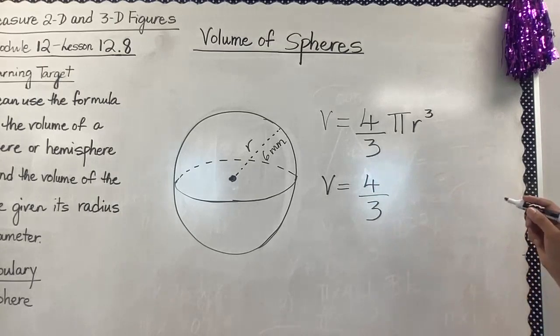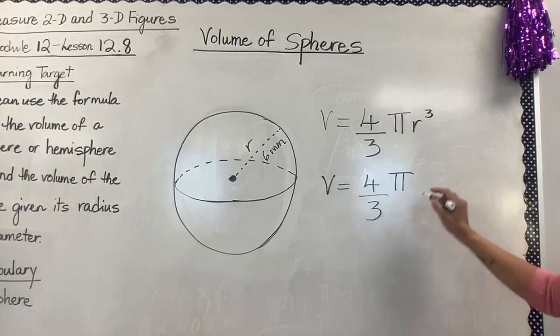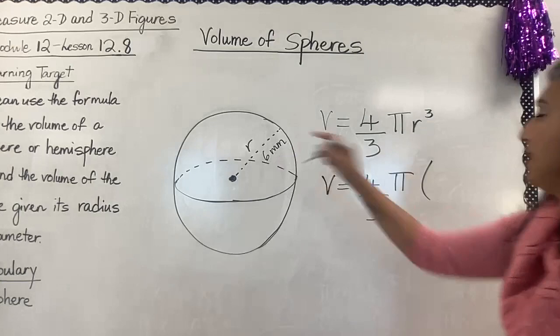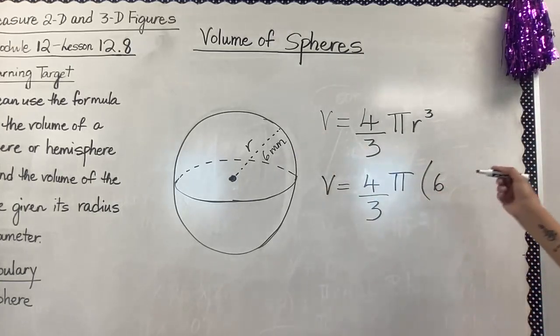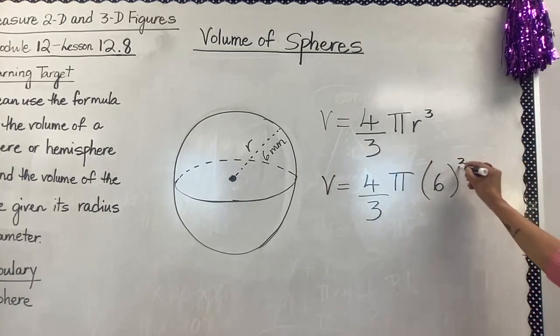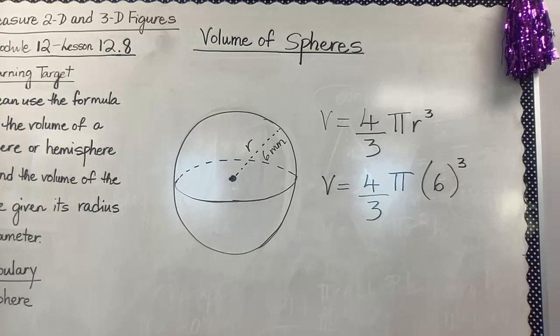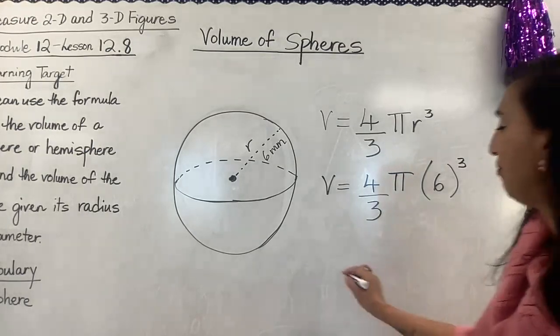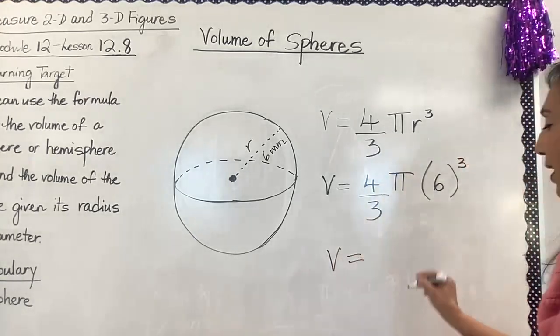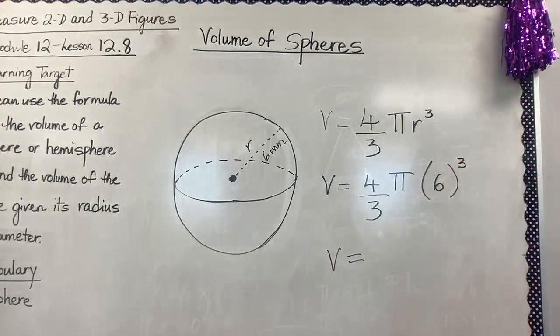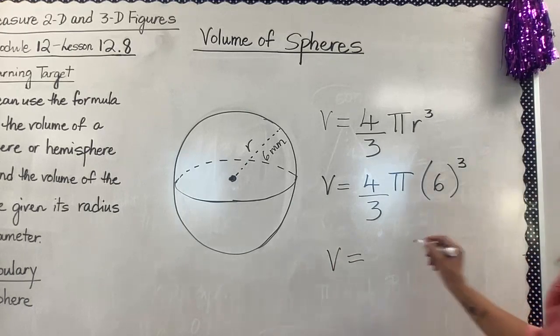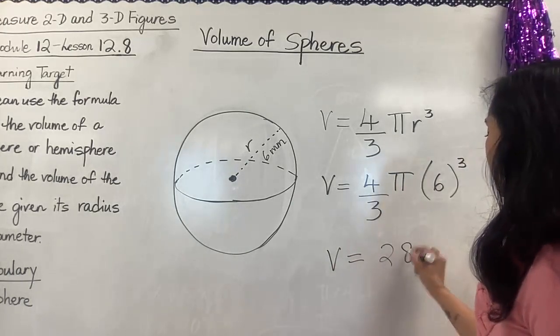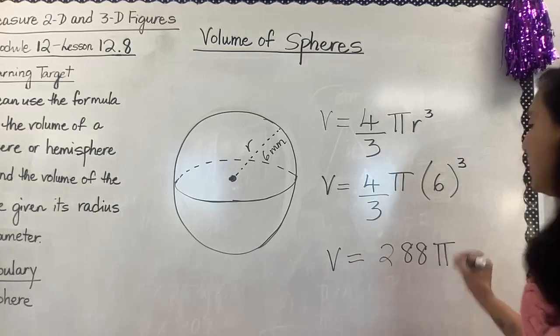So volume is 4/3 pi times r, which is 6, cubed. When I do this, I get 6 times 6 times 6, and I multiply that, and then when I simplify, I'm going to get 288 pi, in terms of pi.